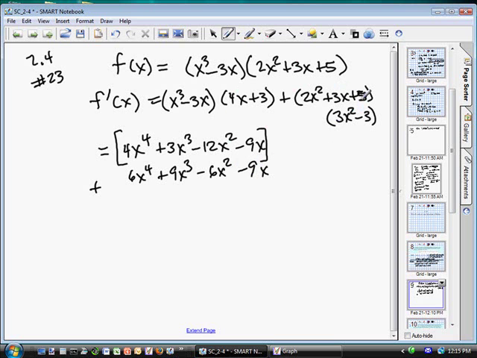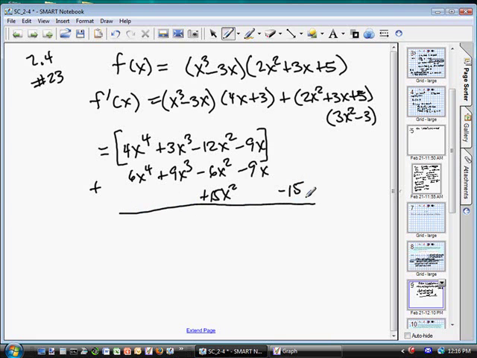Now do the 5s. 5 times 3x squared is positive 15x squared. And finally, 5 times negative 3 is negative 15. Okay, so there was one line there.